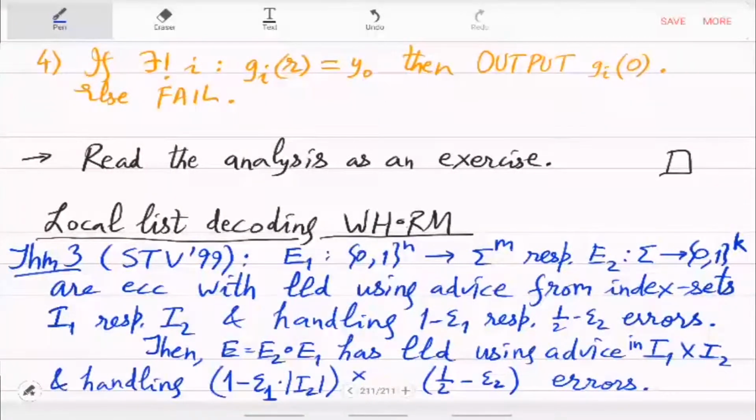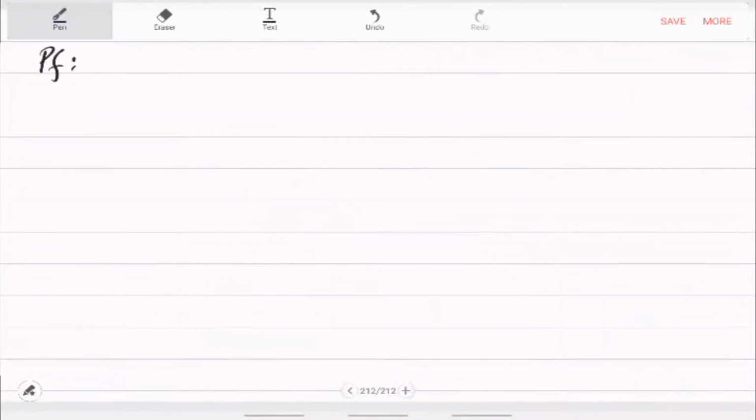That price you pay, and for the binary it is half minus epsilon 2, and then you take the product. This proof is similar to the local decoder, and I'll completely skip that.